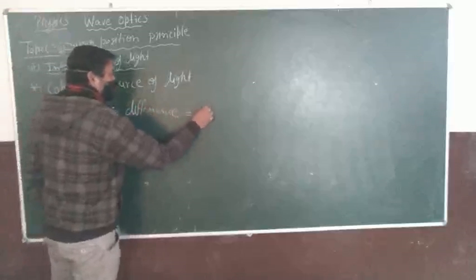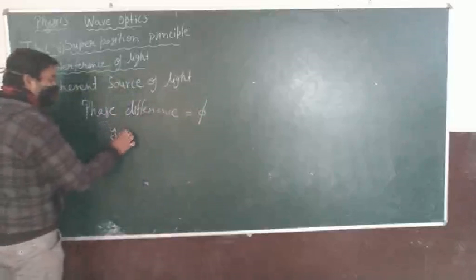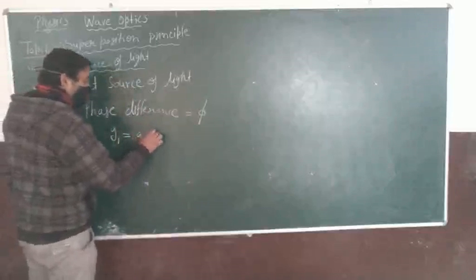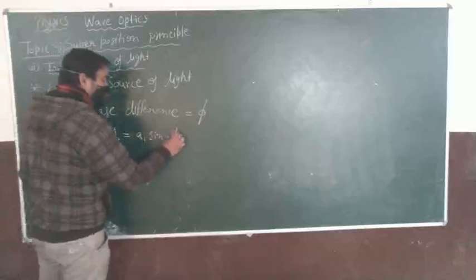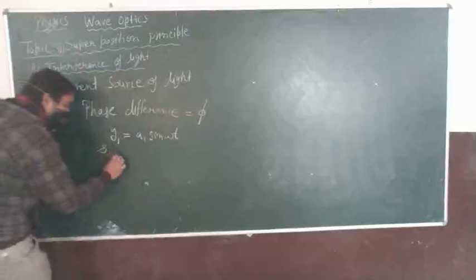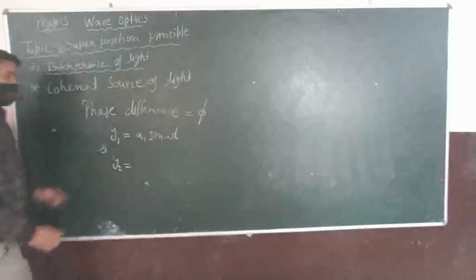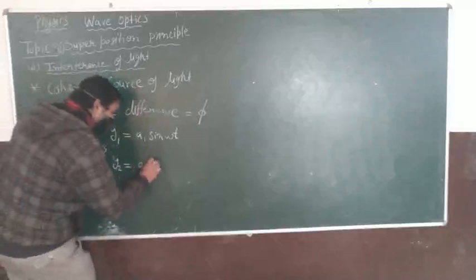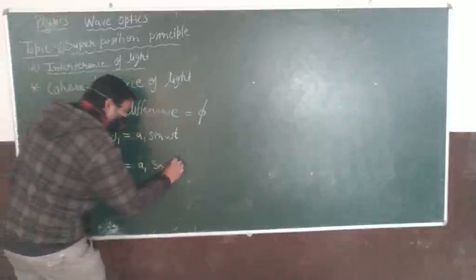Here the phase difference is denoted by phi. If one light has a displacement y1 = a1 sin omega t, then the second wave is given by y2 = a1 sin(omega t plus or minus phi).